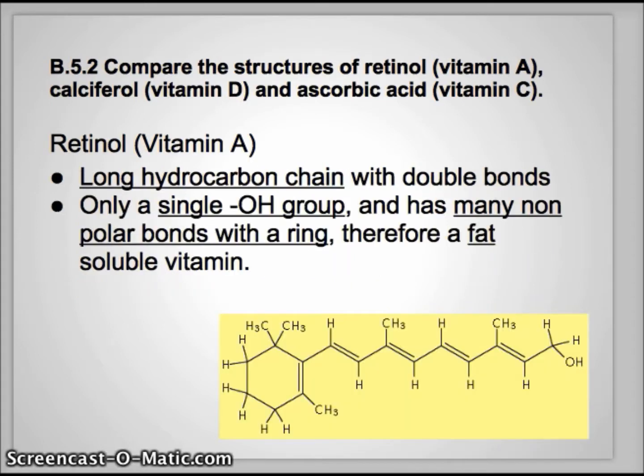So the actual molecule itself, bring my cursor in, is right here. This is vitamin A. Now there are two major distinctions for vitamin A compared to the other two that we are going to be seeing, and it's this long chain here.